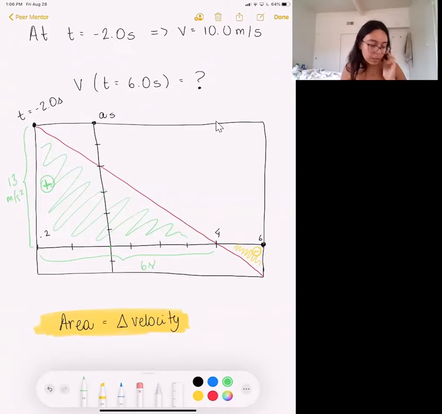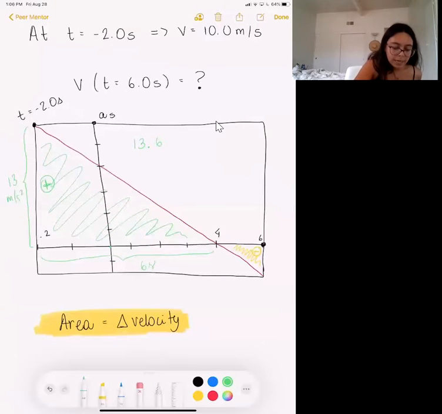So we just have to calculate the area of the triangle. We would have 13 times 6, base times height, divided by 2, because this is a triangle. So this will give us an area of 39.